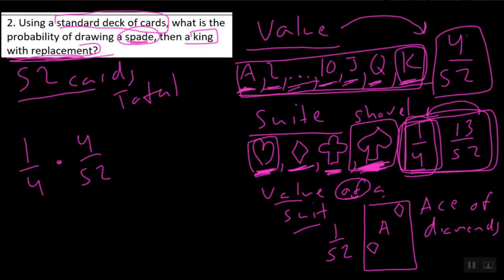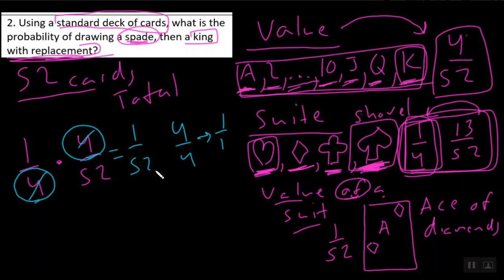Now remember, when you're multiplying fractions, you can actually reduce the top of one fraction with the denominator of the other fraction. And so this is really saying like 4 divided by 4. Well, 4 over 4 reduces to 1 over 1. AKA, it's like those two things cancel out, and your answer is 1 over 52.